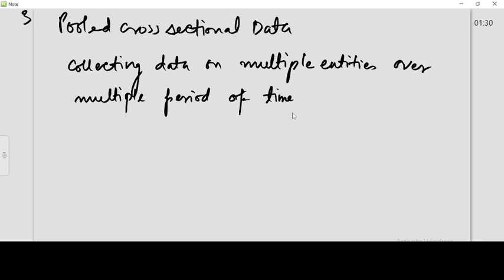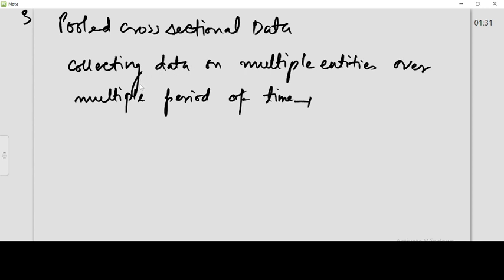This is different from time series in the sense that the data you are collecting is of multiple entities, and also the time period here is not a stretch of time. It doesn't have to be a continuous time frame. You can collect data on different time frames.